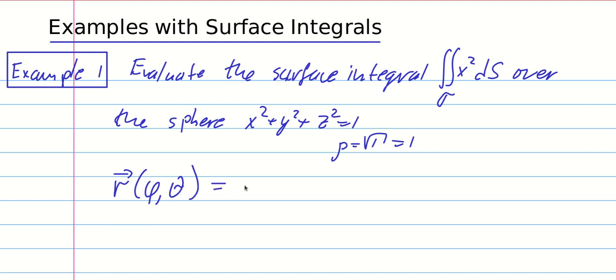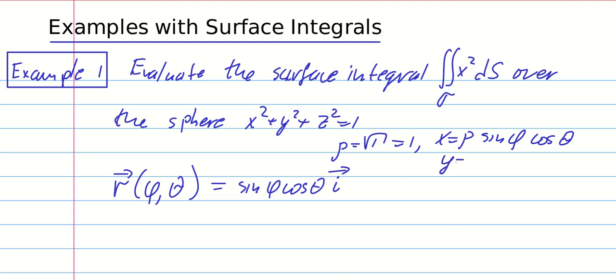For the x component, it should be rho sine of phi cosine of theta, but our rho is 1, so we write sine of phi cosine of theta i.